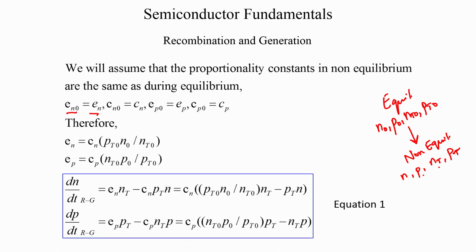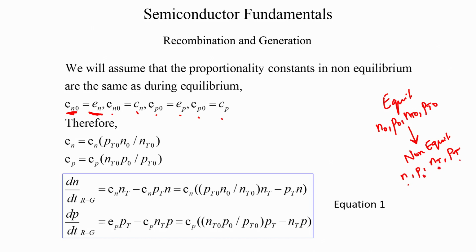In the non-equilibrium condition, the proportionality constants that relate these rates have not changed too much. Therefore, En is the same as ENO, Cn is the same as CNO, EP is the same as EPO and CP is the same as CPO. But although the proportionality constants are assumed to be the same, we are not assuming that N, P, NT and PT have not changed, because that is a bad assumption.